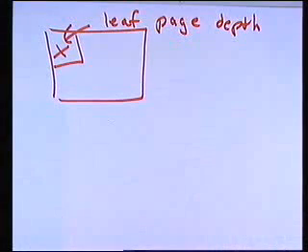So what is that leaf page depth? Well, the leaf page depth is a measure of how many bits matter in this particular node. What number of bits divide the stuff in this node from the stuff in all the other nodes we might have?